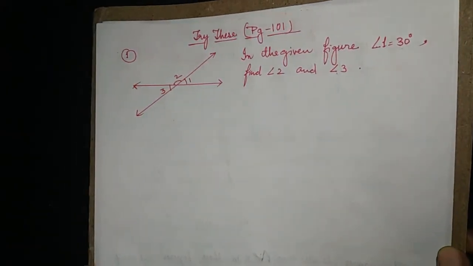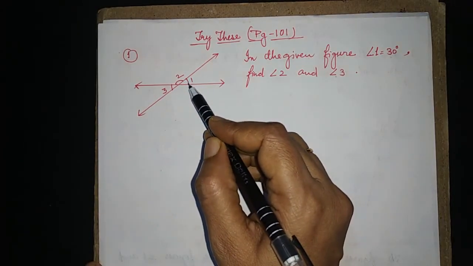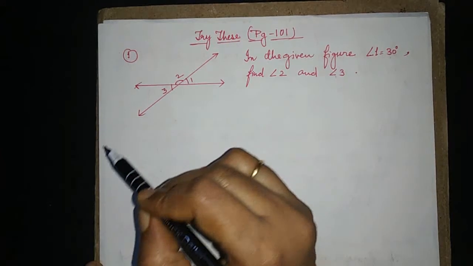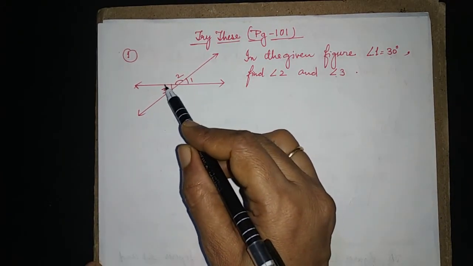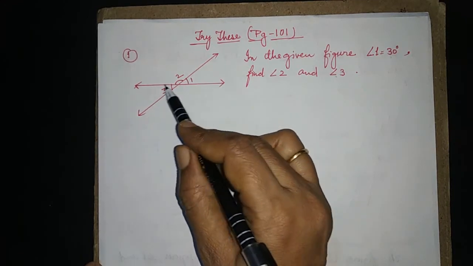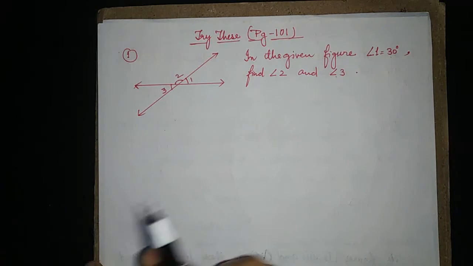For angle 2, we will see the relation of angle 1 and 2. Here angle 1 and 2 are forming a linear pair. These two angles are forming a linear pair.